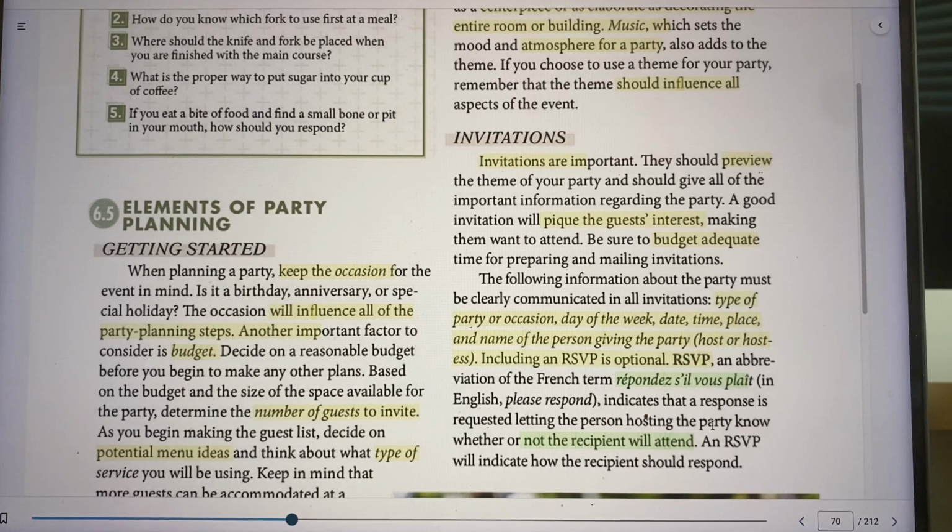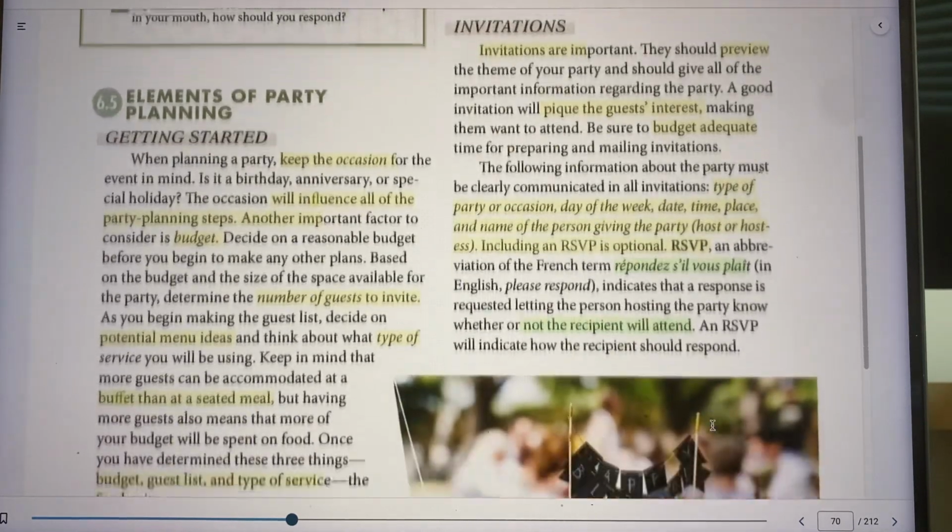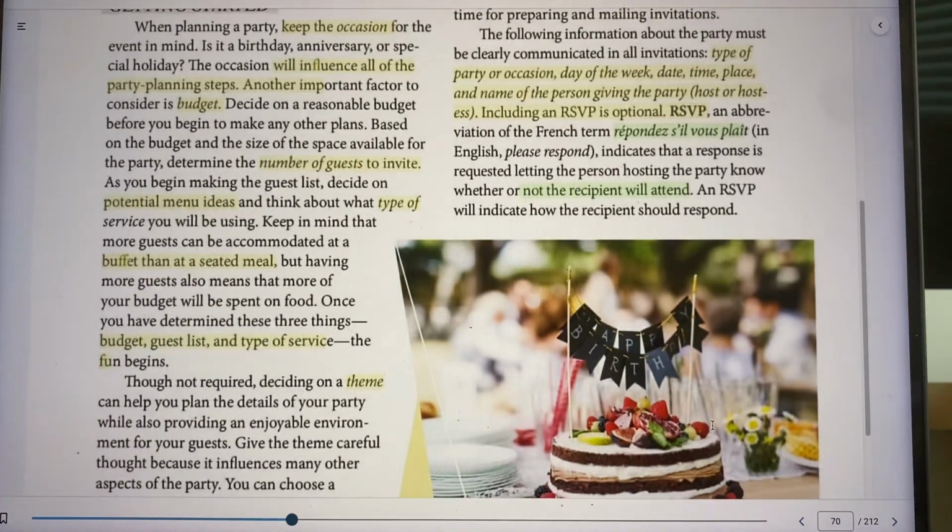So the following information of the party must be on the invitation. You want to know the type of party or occasion of the party, the day of the week, the date, the time, the place, and the name of the person giving the party, or the host or the hostess, or who the party's for, maybe too, especially if it's a birthday party. Include an RSVP.